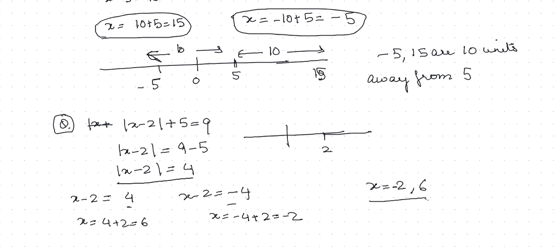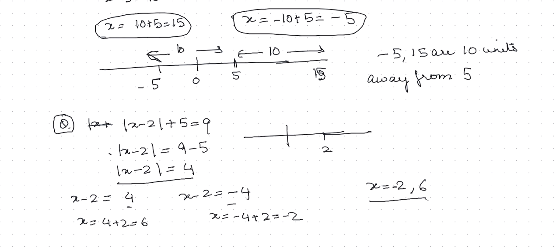Okay. So first we brought 5 here. Now only the absolute value sign and the numbers or variables inside it are on the left hand side, everything else is on the right hand side. So we have to find the values of x which are 4 units away from 2, either side.